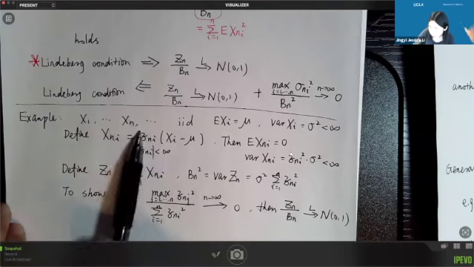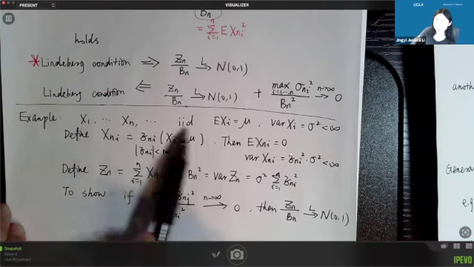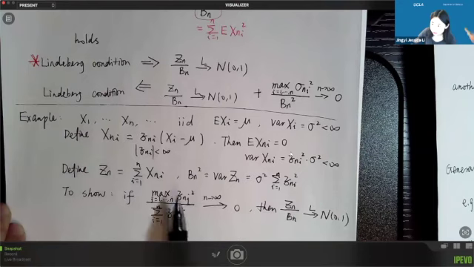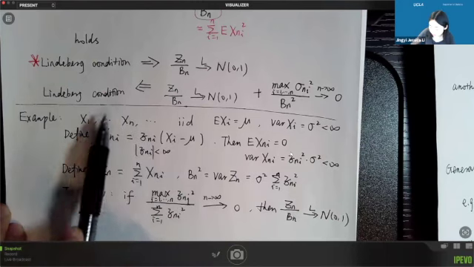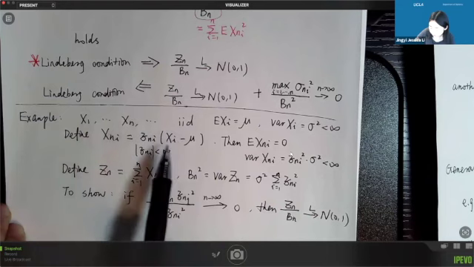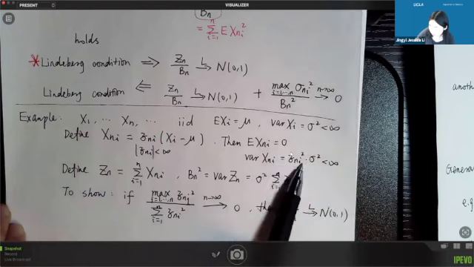So with those, we can modify our IID case to be more general. So the terms in our sum do not necessarily have the same distribution, but they are still independent. So the independence is still kept after those transformations, but the variances are no longer equal.